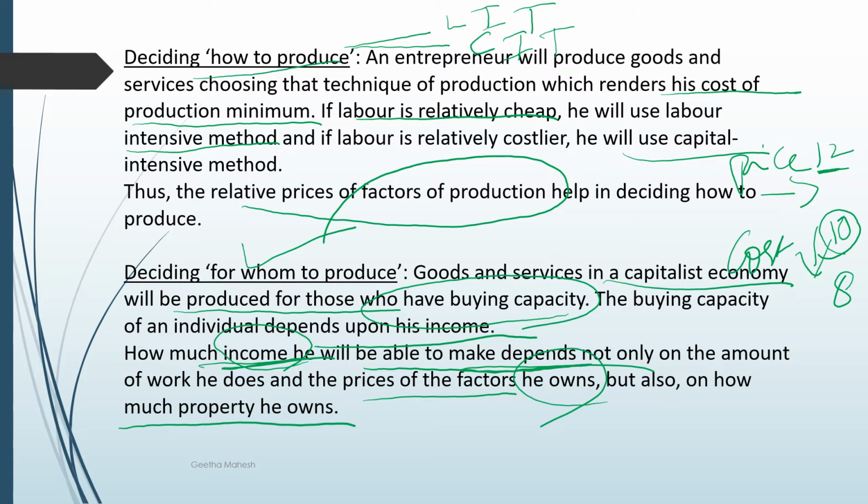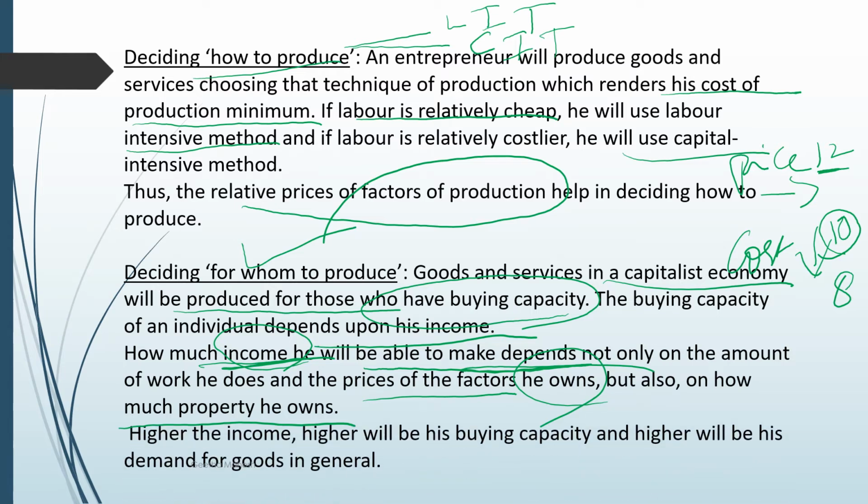So income means not only the cash he holds, it is related to the income he is able to earn and the price of the factors he owns. Higher the income, higher will be his buying capacity and higher will be the demand for goods in general.